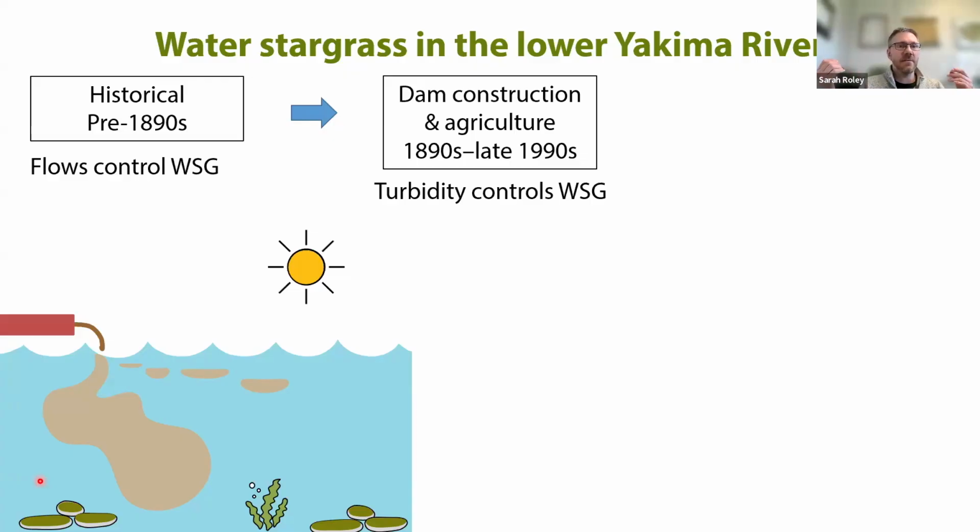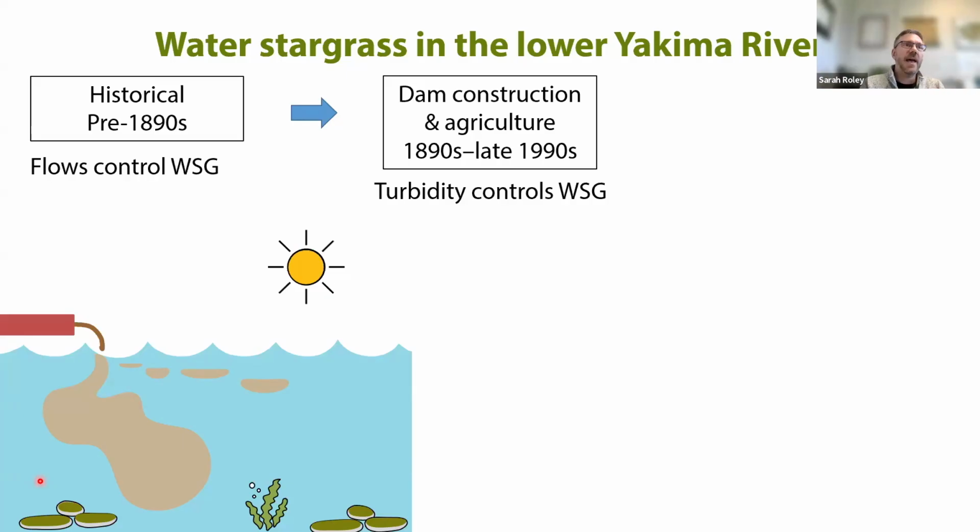So they literally take water and flood irrigation water across their fields, which washes off lots of topsoil and nutrients, ultimately winding up in the river. So that meant that the Yakima River was very turbid, very cloudy. And so even though water stargrass had lower flows, which are advantageous, it also did not have a lot of light.